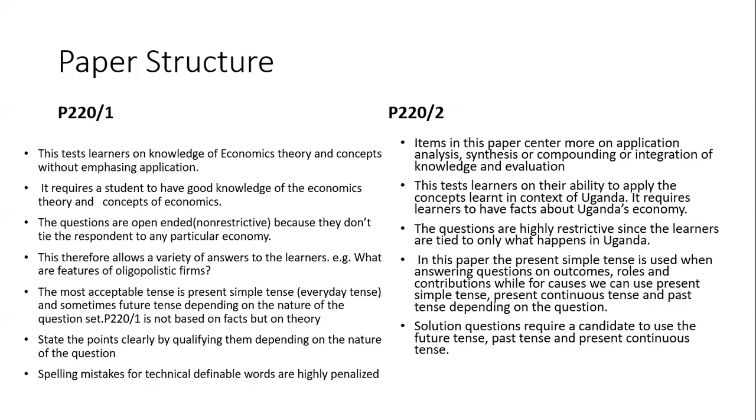And we shall later see that the tense that applies to such a paper, in most cases, will be the so-called present tense. Another tense that comes is the future tense, when they ask something about suggestions. So in doing this paper, questions will come when they have something called "in an economy", and then any particular economy will be applied to such concepts.